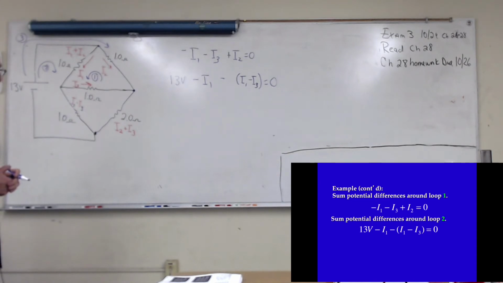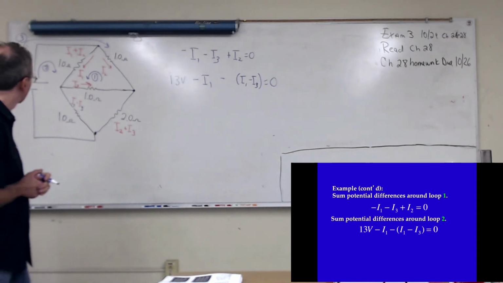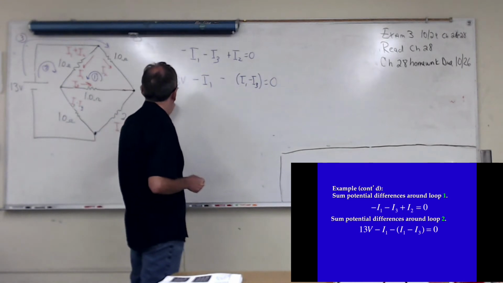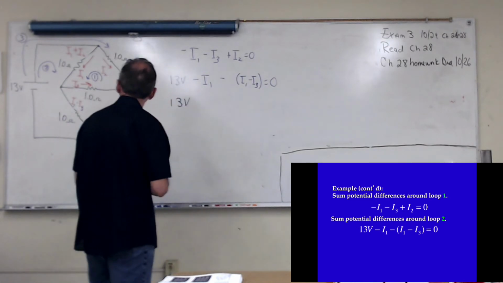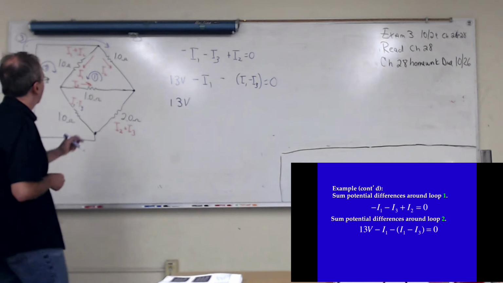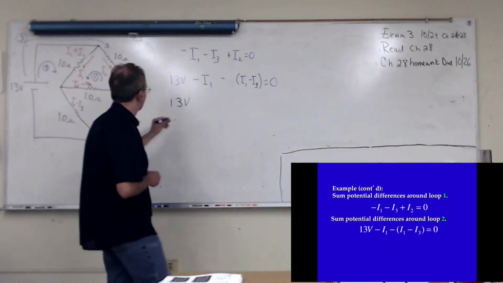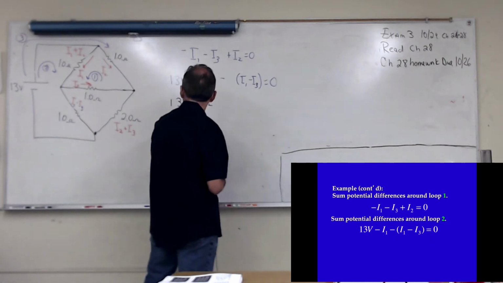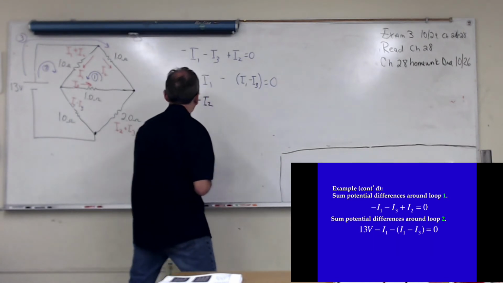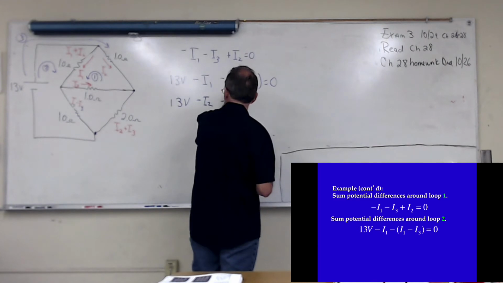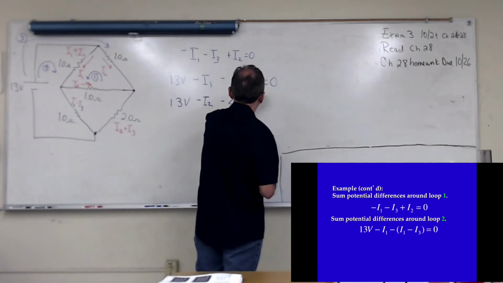So loop 3, I go 13 volts. And then what about this one? That's just I2. That's negative though. And the last one is also negative, but it's times 2.